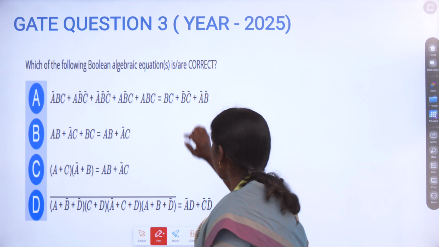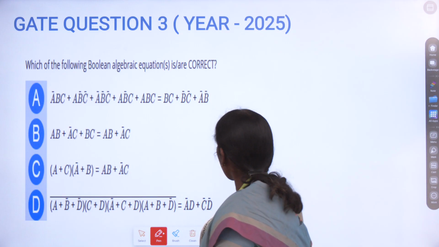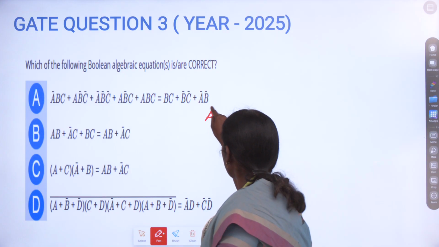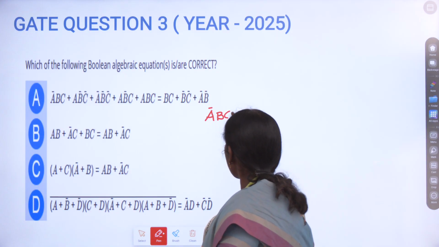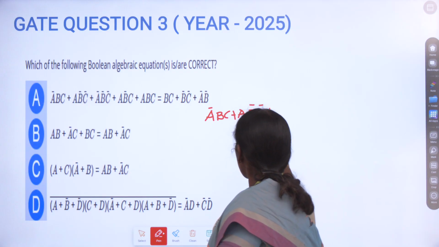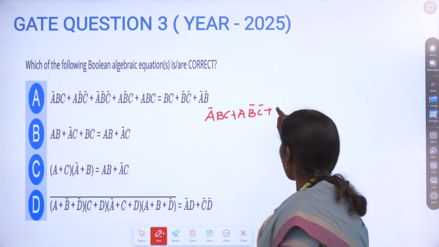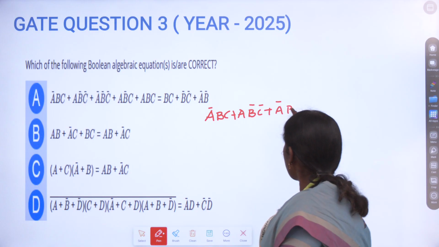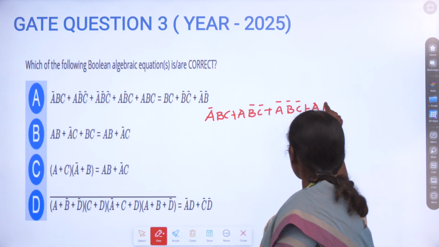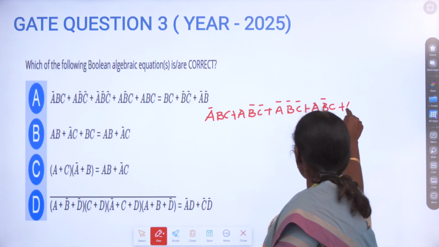Okay, let us take the first term and let us simplify it. A bar B C plus A B bar C bar plus A bar B bar C bar plus A B bar C plus ABC.